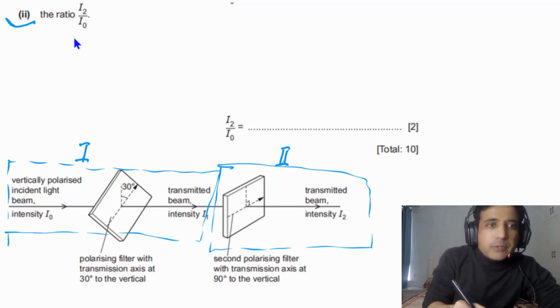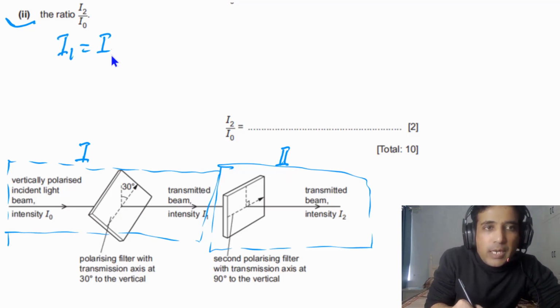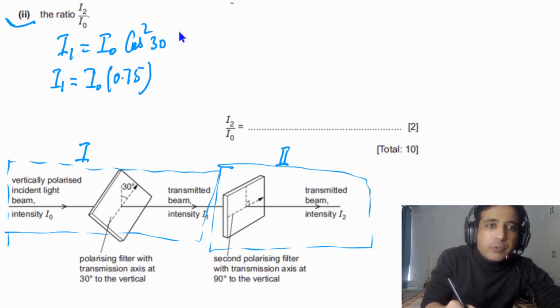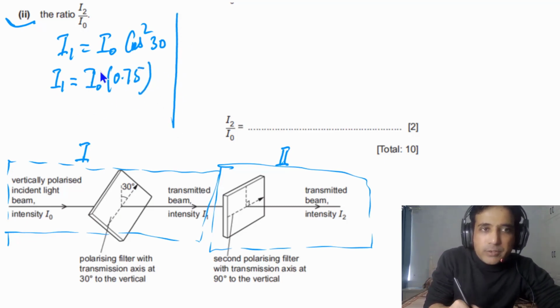If you look at the first part, we have already found that I1 is equal to I0 cosine squared of 30 degrees, and this is equal to 0.75. So simply we can write I1 as equal to this value.